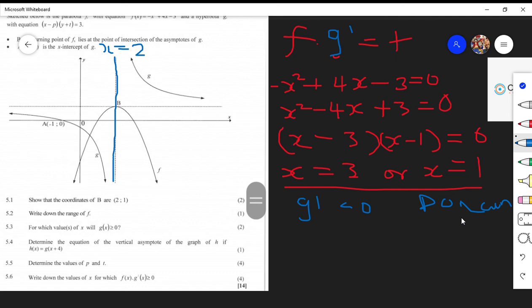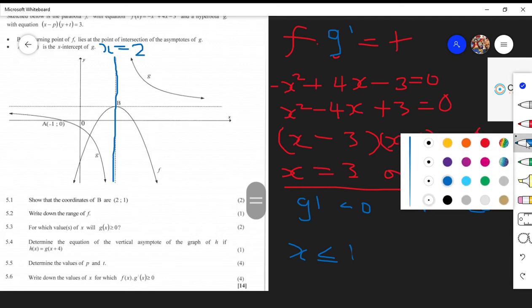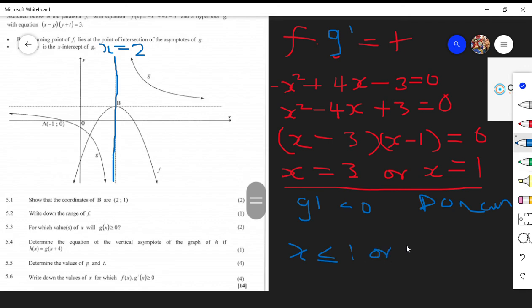From there, we know that f is also less than 0. So from there, we can conclude that x is less than or equal to 1, or x is greater than or equal to 3.